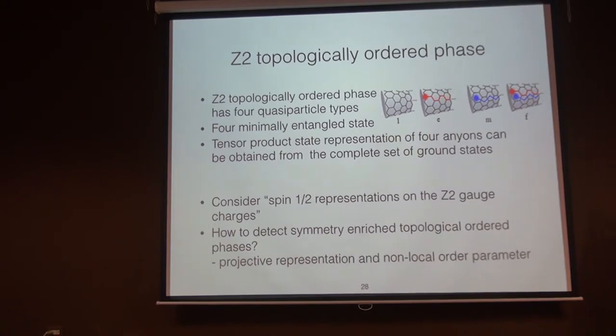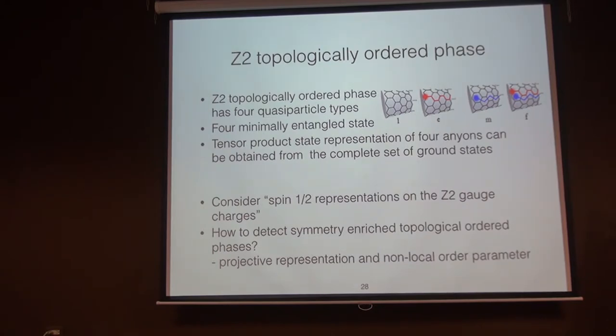Okay, so here let me summarize some properties of the D2 topological order phase. We know the D2 topological order phase has 4-fold degeneracy on the torus, and it has 4 types of quasi-particles. The minimally entangled state will give us a quasi-particle wave function.